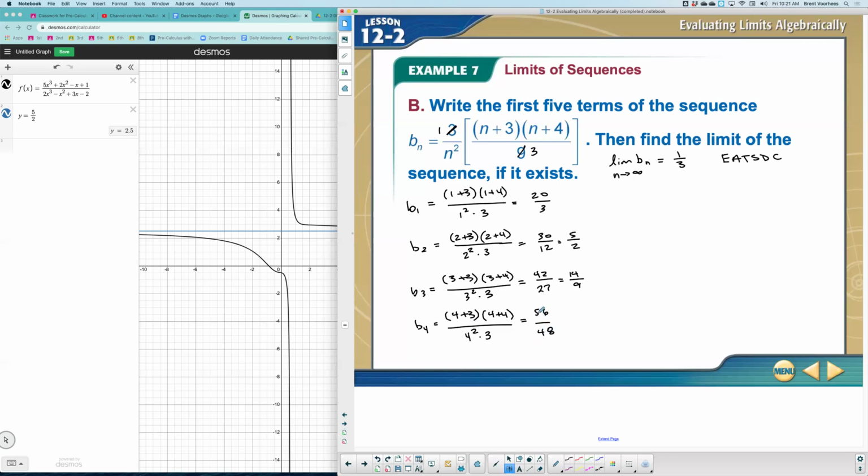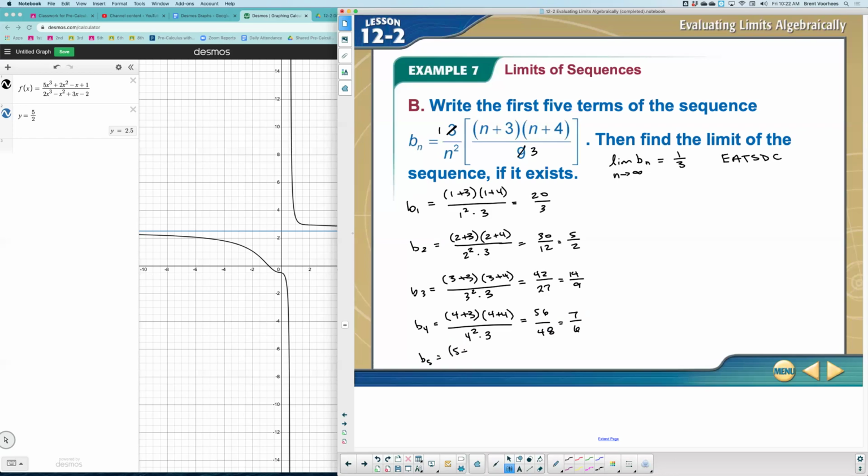I believe 4 goes into both of these numbers. 4 goes into 56 14 times. 4 goes into 48 12 times, which means I could have divided this by 8. 8 goes into this 7 times. 8 goes into 48 6 times. 7/6.